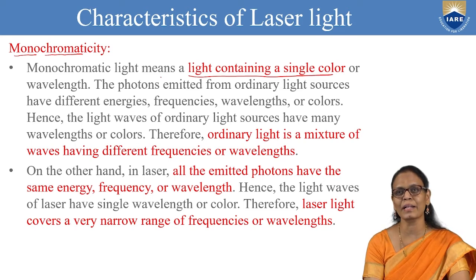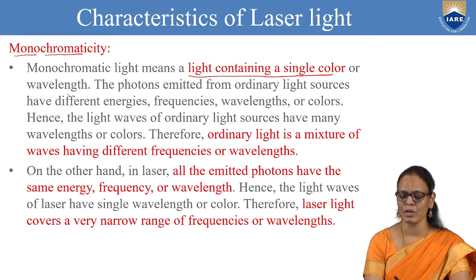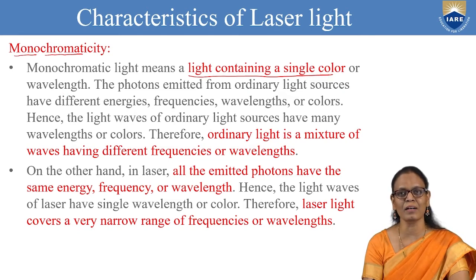So monochromatic light means light containing a single color or wavelength, because we know different colors have different wavelengths, and now we are talking about a single color, meaning a single wavelength. So what we will be mentioning here mostly is that it is a light of single wavelength.